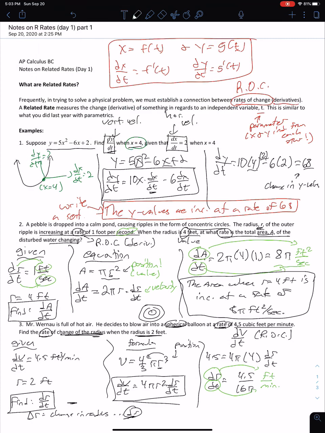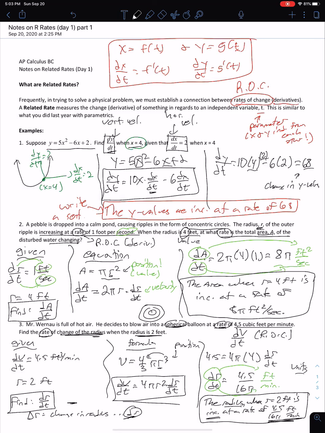It's positive, so we could say the radius when r is 2 feet is increasing at a rate of 4.5 over 16 pi feet per minute. Now, let's take a look here. When we score this, you need to have what's changing, how it's changing, and by what it's changing. Don't forget units. That's worth 1 point on the AP right there.